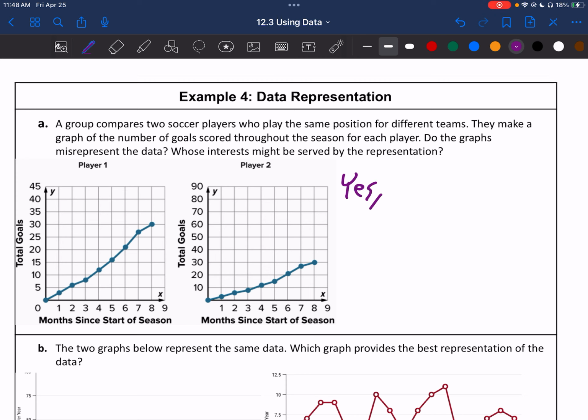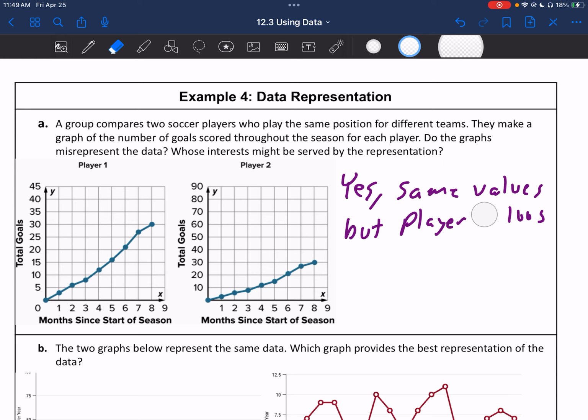So is there bias in this graph, or is there a misrepresentation? We're going to say yes. And you've got the same values, but player 1 looks like they have more, right? And so this is an example of manipulating your y-axis.